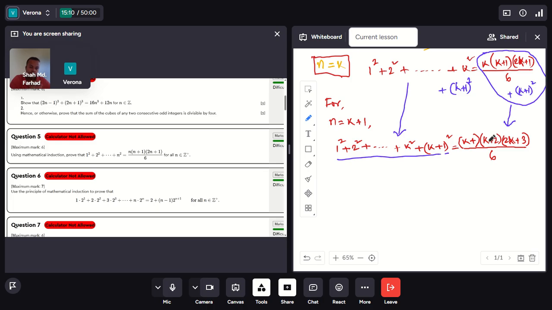Is it clear? So we just added k plus 1 power 2 on both sides of this equation.